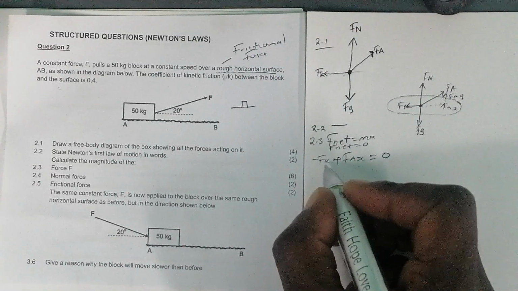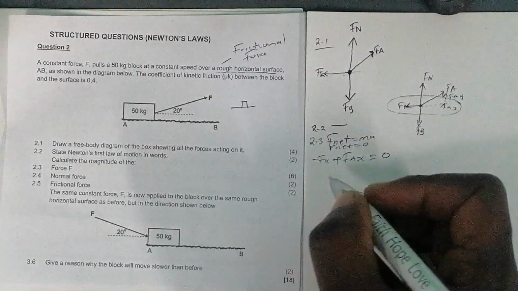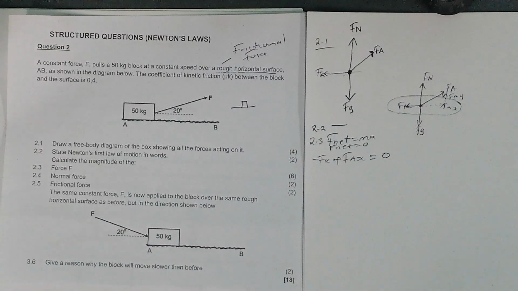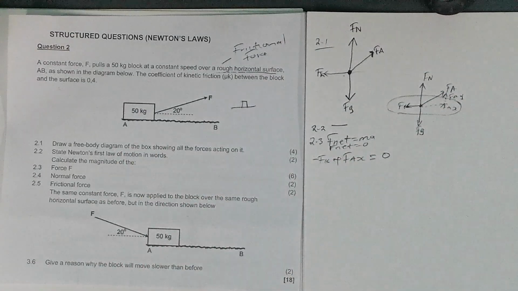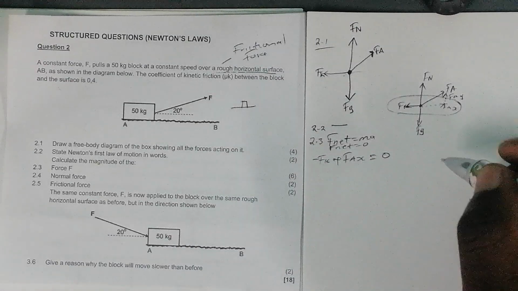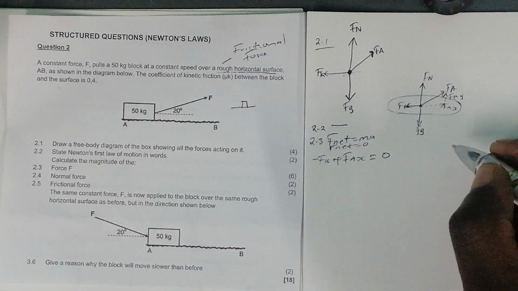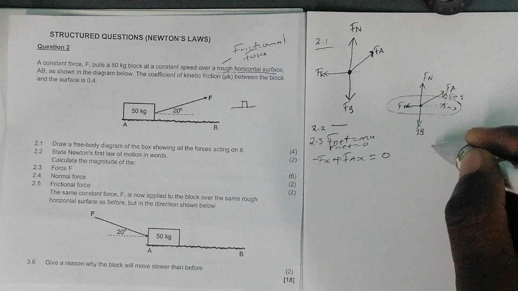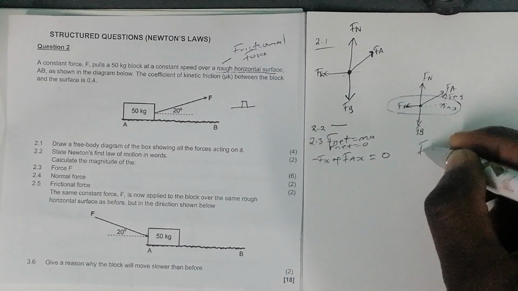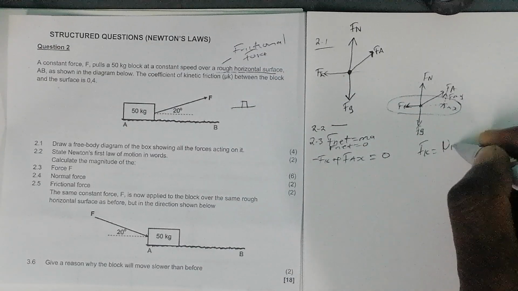Okay, what's the value of Fk? We don't have the value of Fk. We only have the coefficient of kinetic friction, meaning that the first thing we must do is calculate the value of the normal force. This is the formula we can use to calculate the value of mu k.